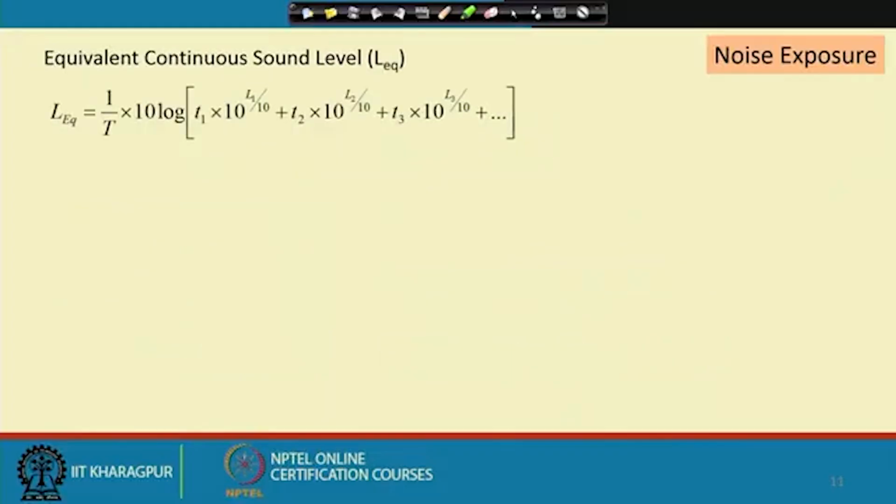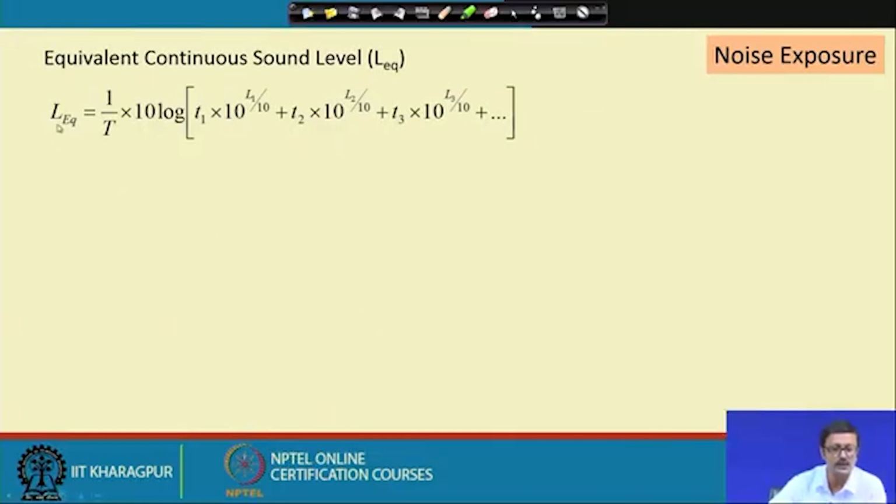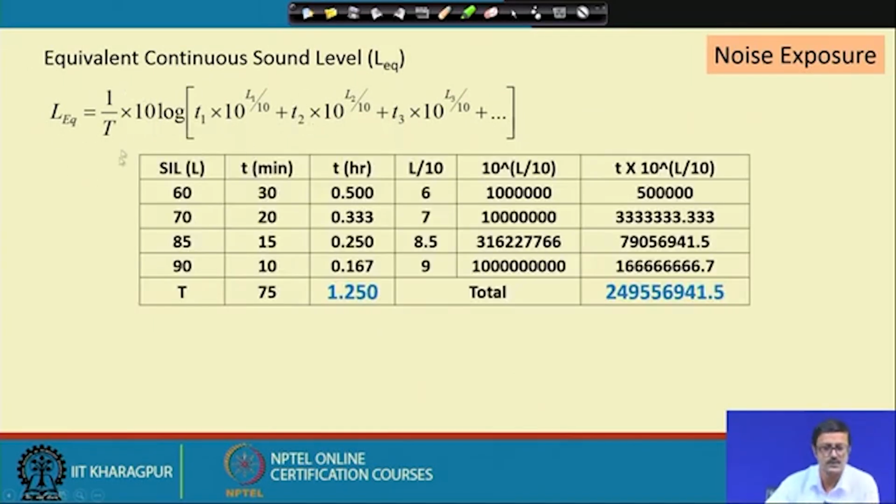So, next I will go for the L equivalent, where I am taking the exposure time into account. So, that particular table is expanded. Now, T is mentioned over here in minutes and T is also mentioned in hours, and this T in hours is multiplied with the respective 10 to the power L by 10, and then these numbers are created, and again you have to add them up.